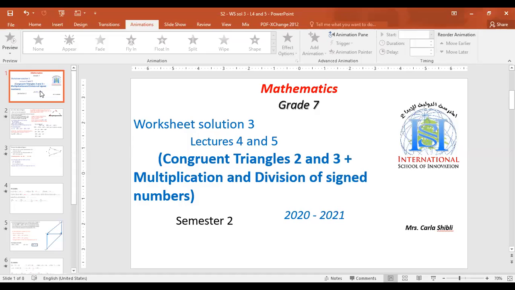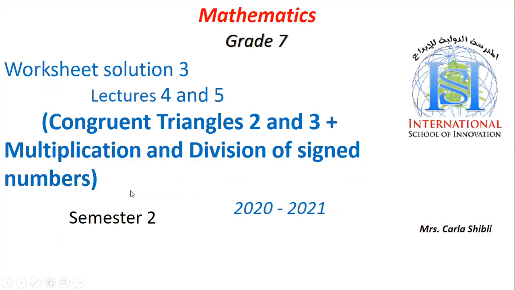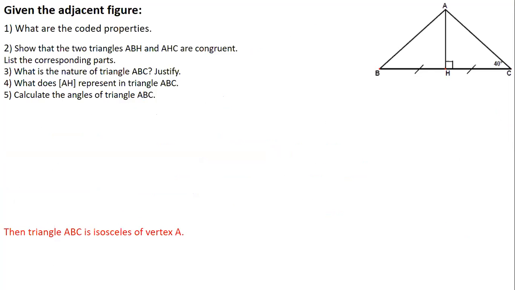This worksheet should be solved all, not half, okay? For tomorrow. Now, this is worksheet number 3. This is the solution of this worksheet that we have for this week in the 2 lessons, congruent triangles, and multiplication and division of signed numbers. I will go back to congruent triangles.